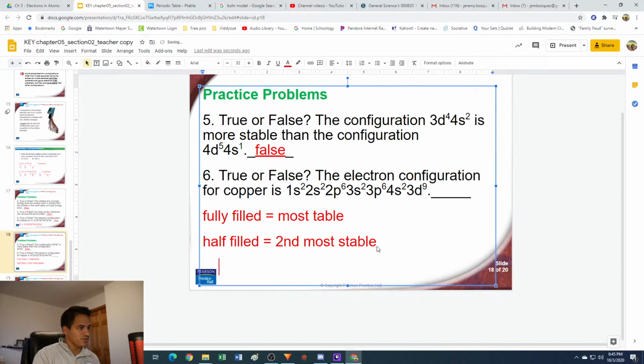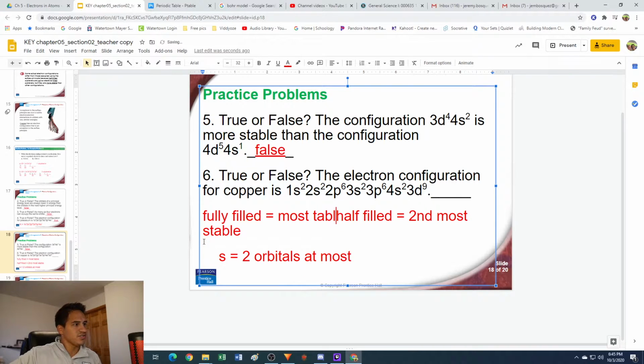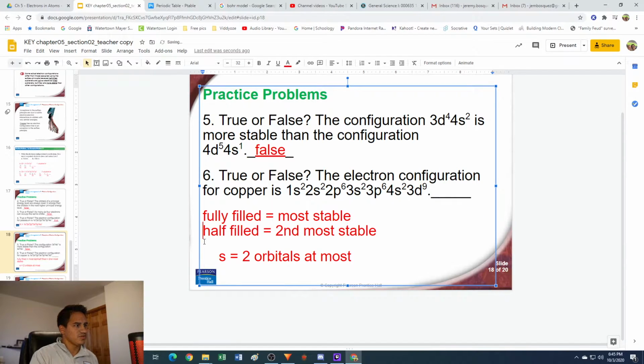Remember that s orbitals can have 2 electrons at most.